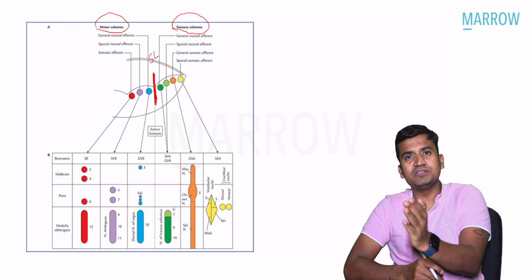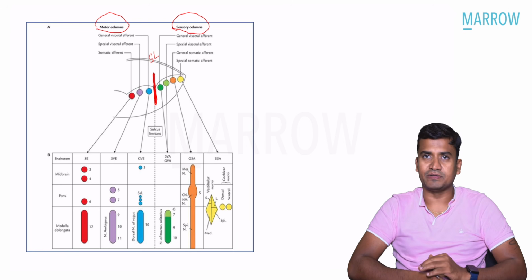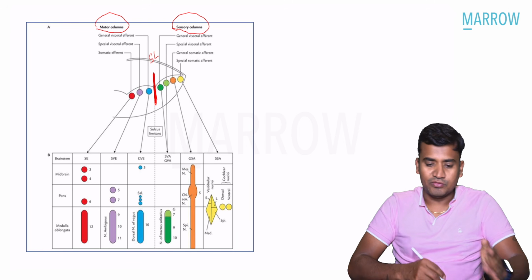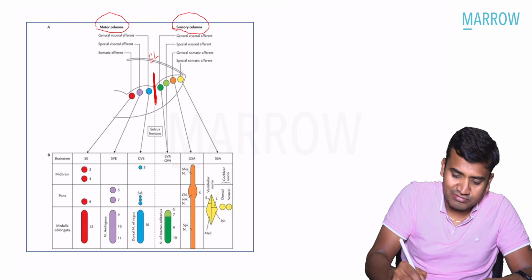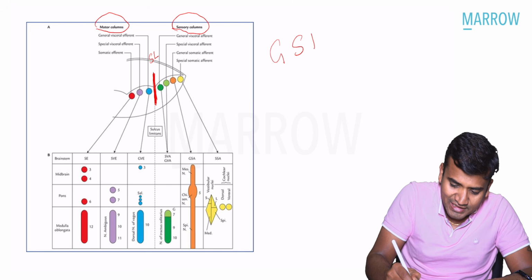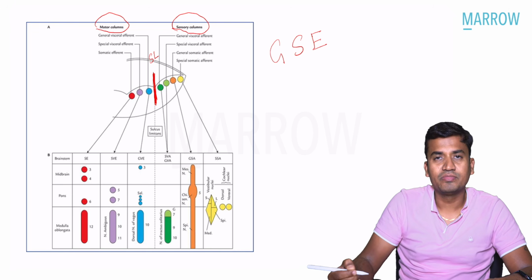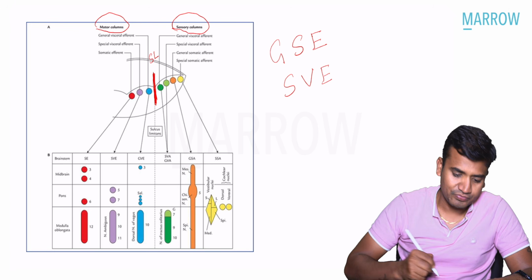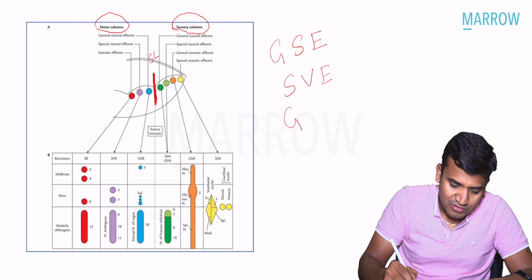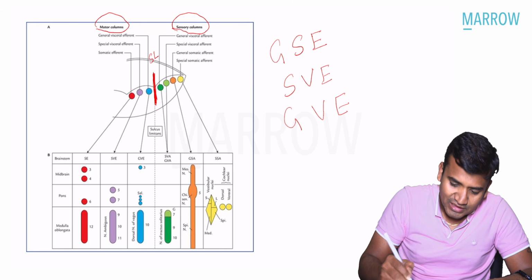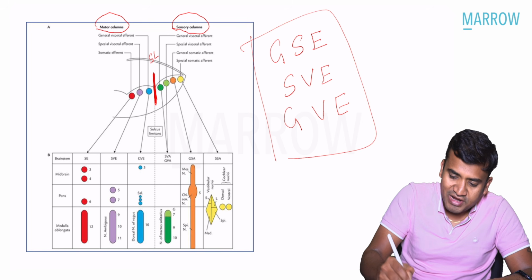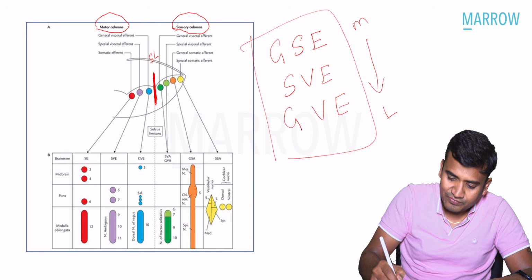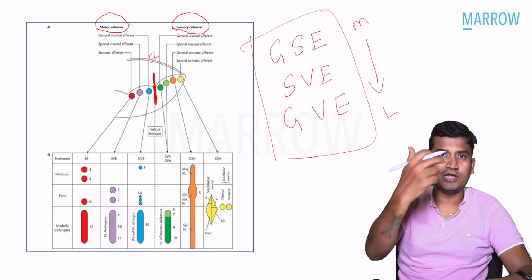Now a sequential arrangement was the question. From medial to lateral, the medial most column is the general somatic efferent, followed by special visceral efferent, followed by general visceral efferent. This is the order from medial to lateral for the efferent or motor column.